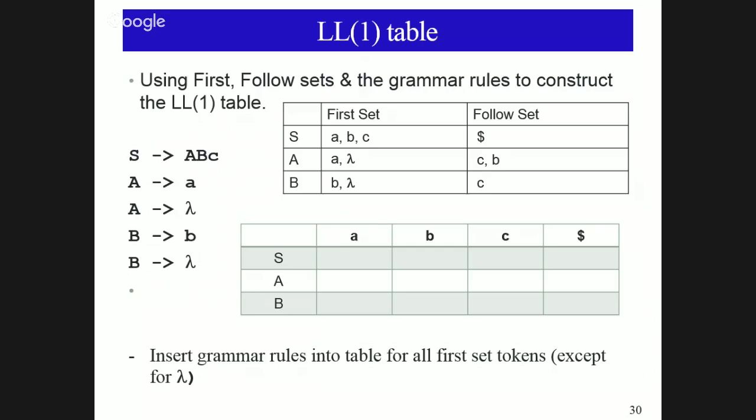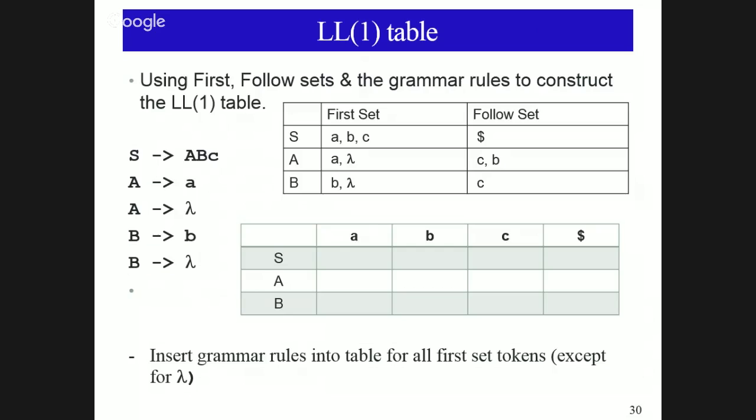So basically all 5 of these rules go into the table, at least once. How many times depends on how many first set tokens you have. And how many lambdas go in there depends on how many follow set tokens you have, if you have lambdas for that. Okay, that's the rule. And we'll see what happens if something is an LL1, is when the tables get a little too crowded.